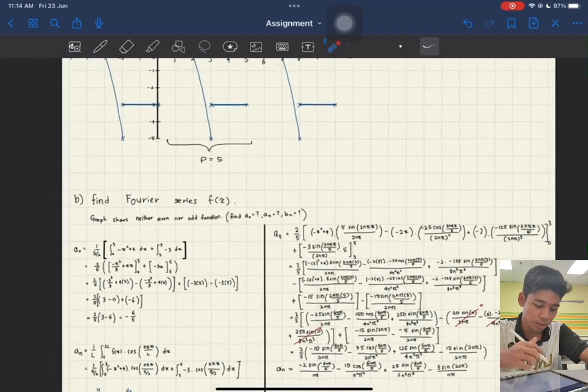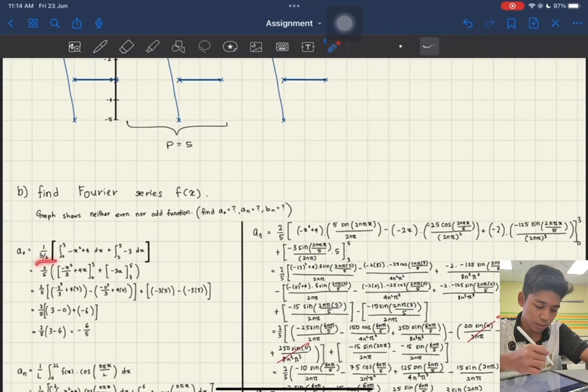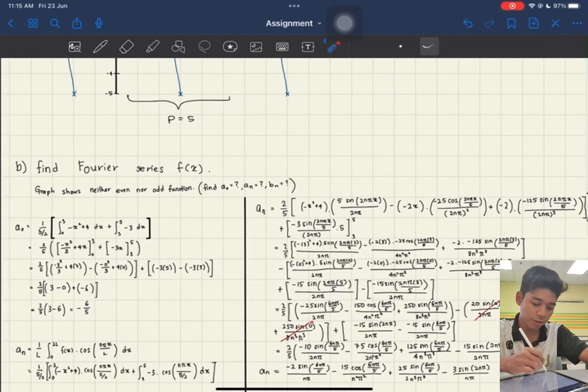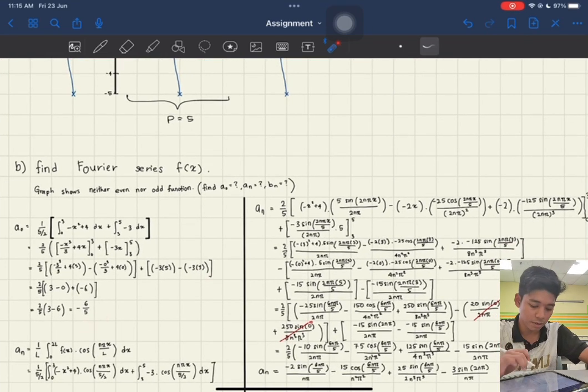So this is our a naught, 1 over L, which is 1 over 5 over 2, and the first function and the second function. And then after we integrate the function, we substitute the limits 3, 0, 5 and 3, and then we solve the integral.